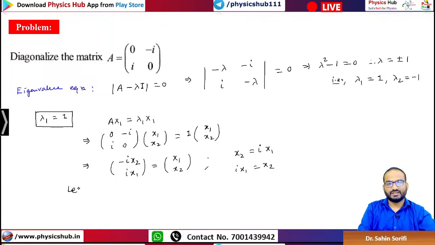So let x1 be any value k, therefore x2 will be i times k, and hence your eigenvector will be k, ik.